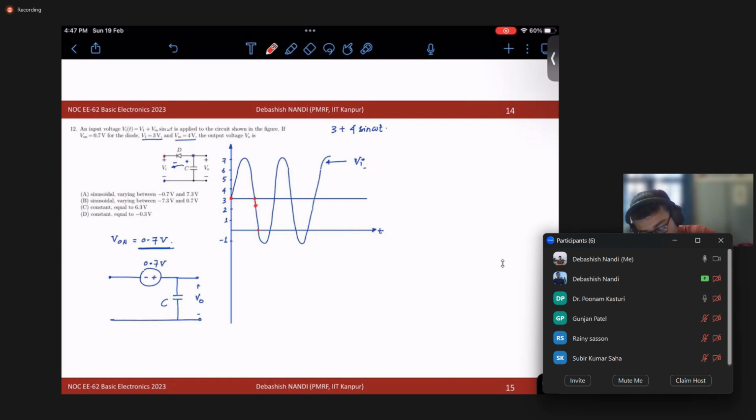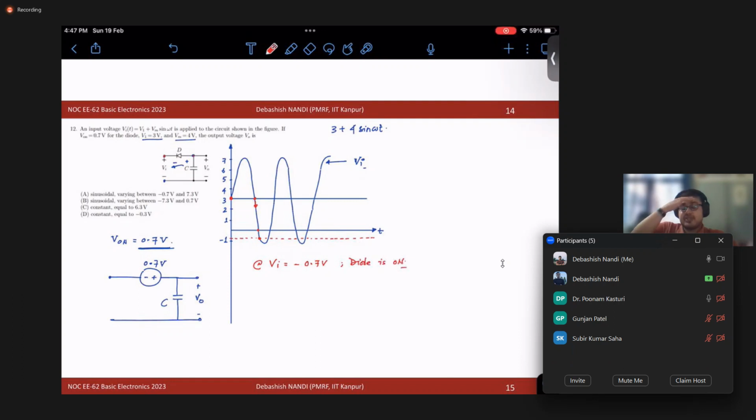Let me say at minus 0.7, the diode is on. Then what happens? Only then the current will flow and the capacitor will charge.